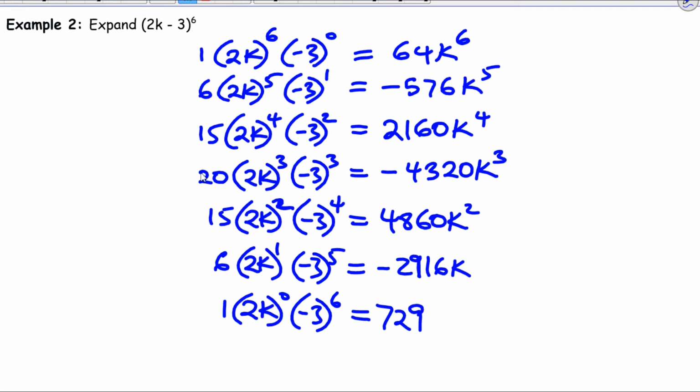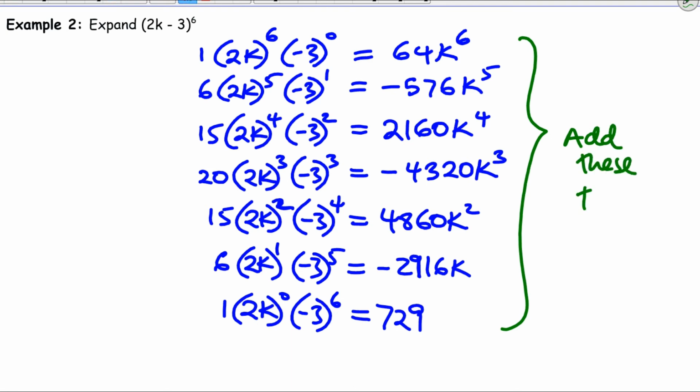And then what you need to do now is to add all these terms. When we add them, that's what will give us the expansion of 2k minus 3 to the power of 6.